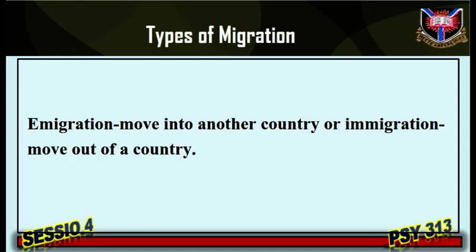Emigration is a move out of a country, and immigration is a move into a country. Similarly, some type of movement has been observed among animals, and this movement from one region to another occurs at certain periods of the year.